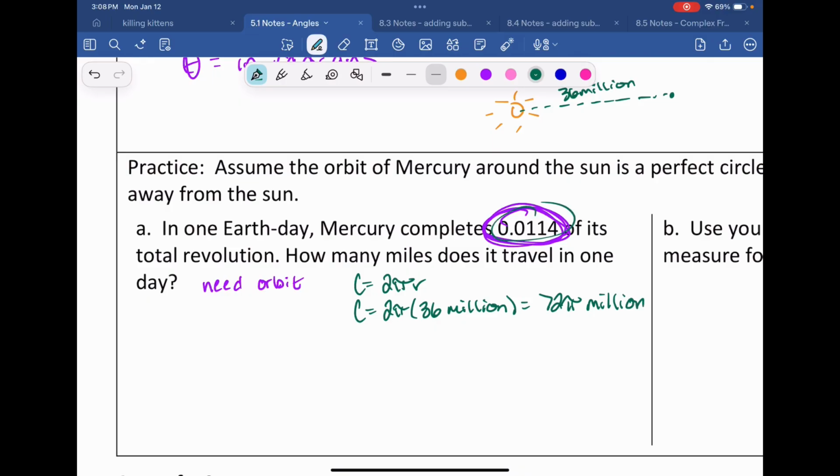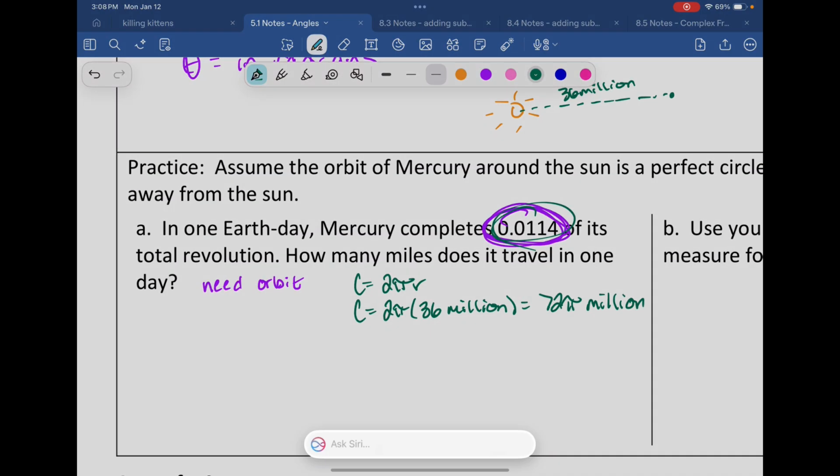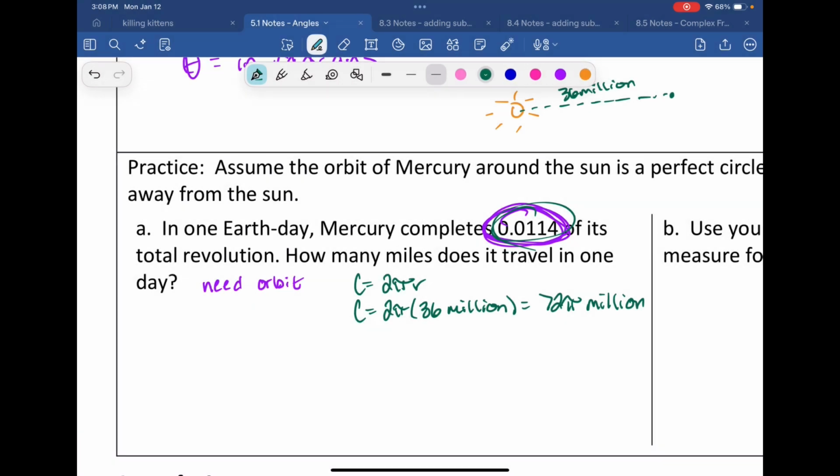Since it gave me that fraction of the circumference, that's its arc length. So arc length equals the fraction of its circumference. All right, obviously that's going to go in your calculator. So I'm going to do 0.0114 times 72 pi.